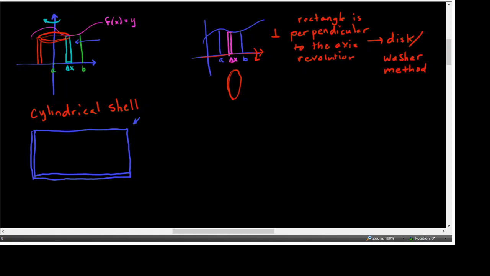The height of that cylinder is, in this particular case, the distance from the x-axis to the curve is a measure of y, which we'll use f of x because it's delta x. We want to use x's instead of y's. And that is this dimension down here.